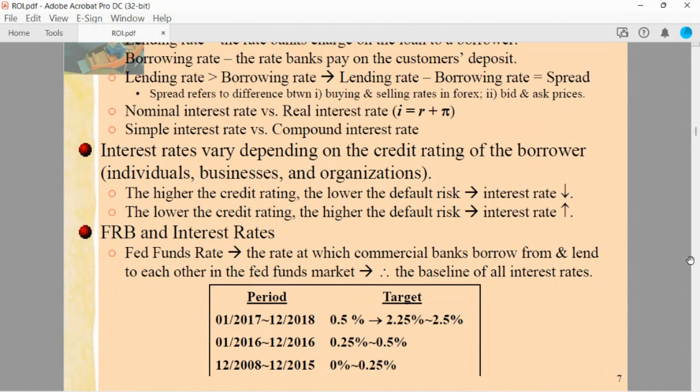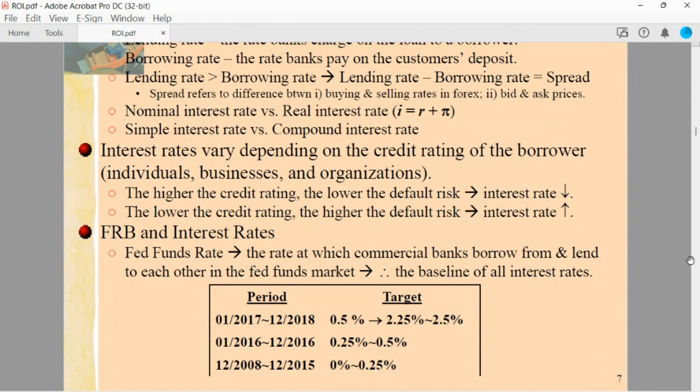No, it's not part of Federal Reserve. Just because the name has federal, does it have anything to do with Federal Reserve? No. You can have a name federal because the federal funds market is an exchange, a marketplace for the commercial banks.